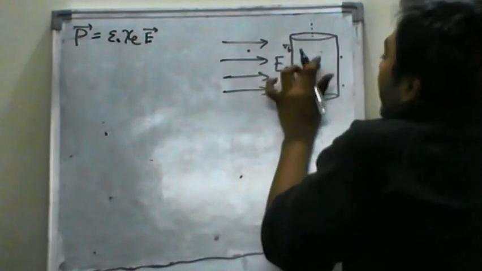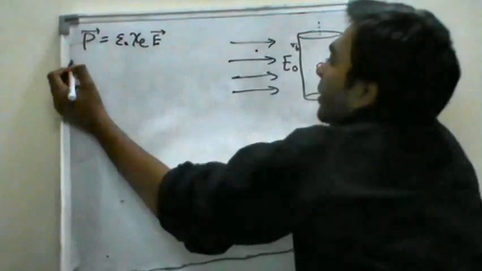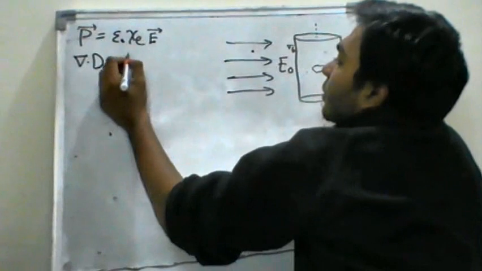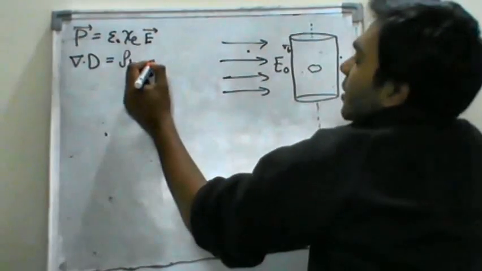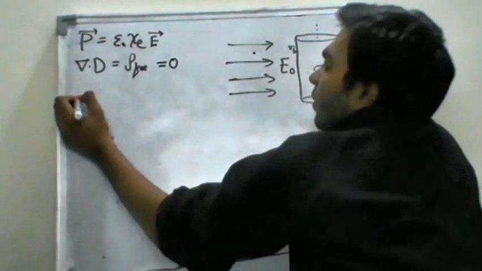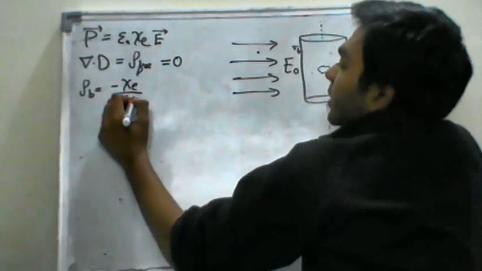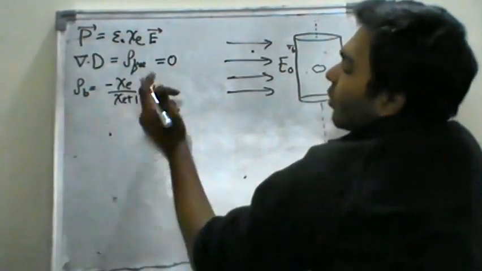Now consider any location inside the cylinder here. We know that del dot D is equal to rho free, and we know rho free is equal to 0. Also we had derived rho bound is minus chi by chi plus 1 into rho free. Now since rho free is 0, rho bound is 0.